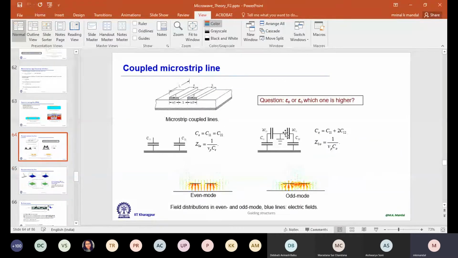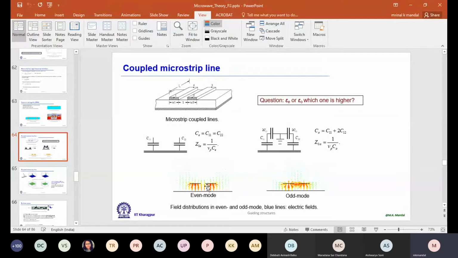Considering that epsilon E in the even mode is more than epsilon O in the odd mode, and also the current distribution is higher at the outer edges.